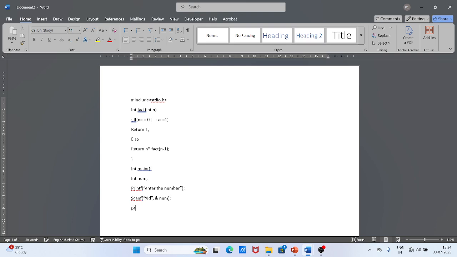Printf factorial. Okay, printf the output. We just print num. We print num and factorial, fact num.